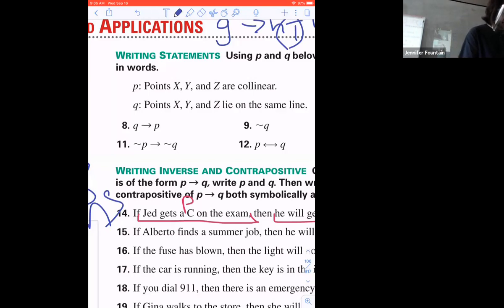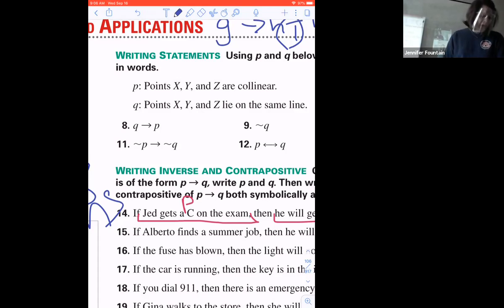I think they called it the negation, and that is on page 88. Look at the very top of your textbook on page 88. The second sentence says that the symbol for negation is the little wavy line, and that is written before the letter. So number 10 is the negation of P.